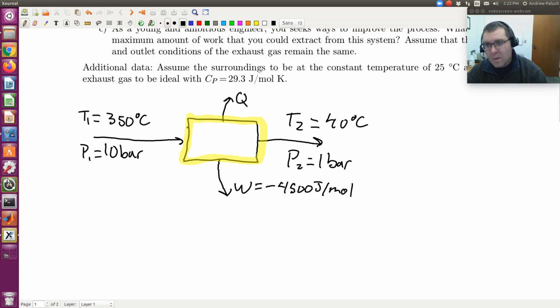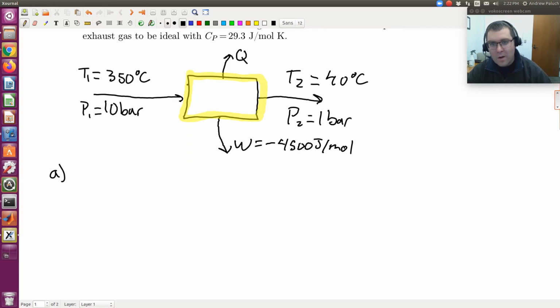All right, so the first thing I'm going to do is start by writing my first law balance for an open flow system. My first law balance is going to take the form of, first, dU total dt. This is my accumulation term. U total is the total extensive internal energy, and has units of energy. t has units of time, so this is going to be energy per time. This is my accumulation term.